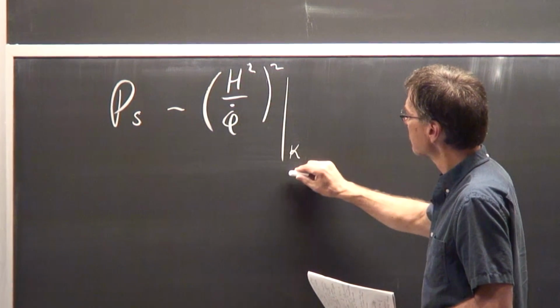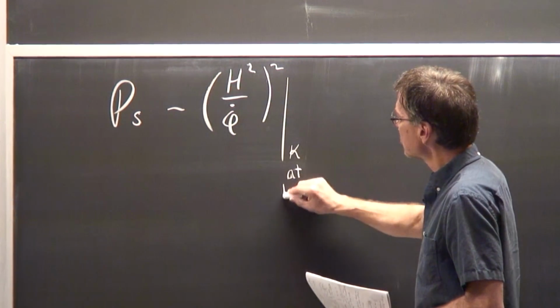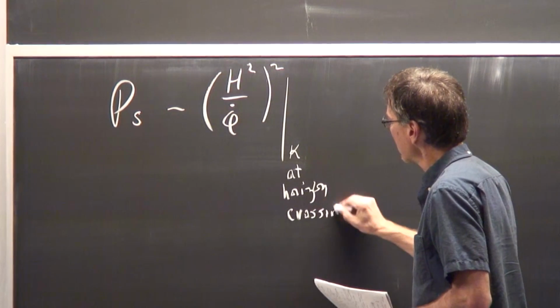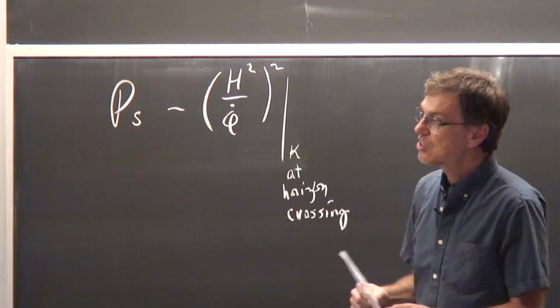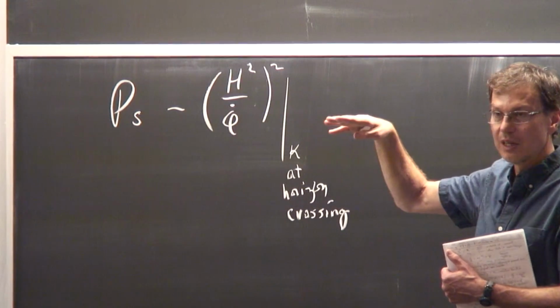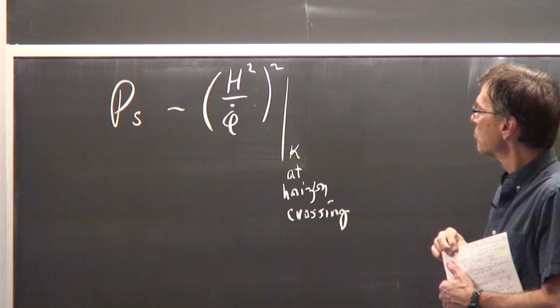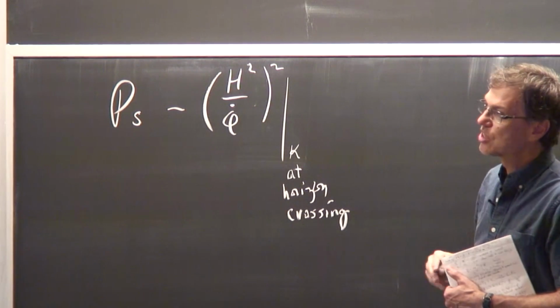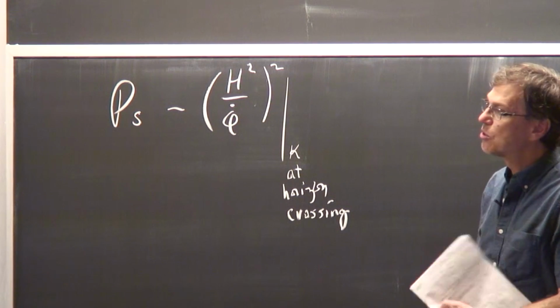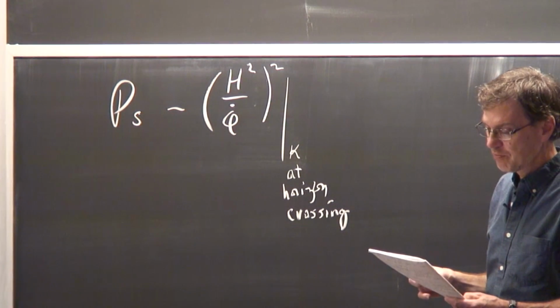So at horizon crossing. And it's the fact that these quantities are evolving with time, which implies that it's not going to be the same value for all k.